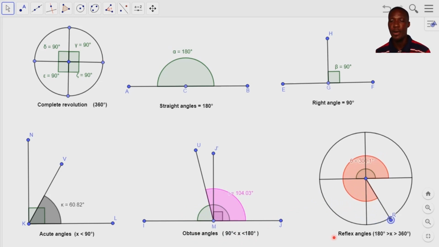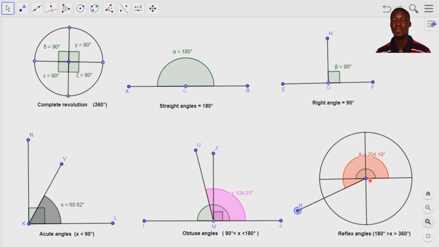Then we have reflex angles. Looking at how we described the previous two, how will you describe a reflex angle? A reflex angle is an angle that is greater than 180 degrees, but less than 360 degrees. It forms an angle more than a semicircle. However, it doesn't form a complete revolution.